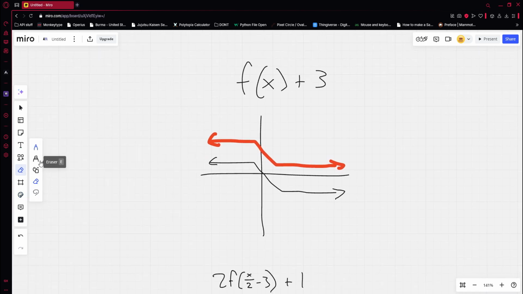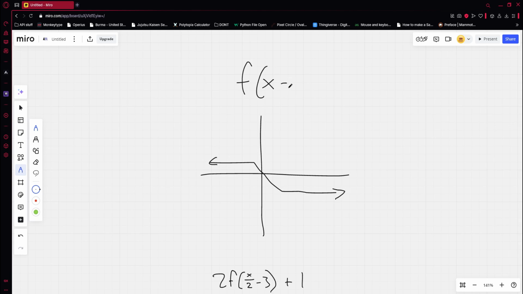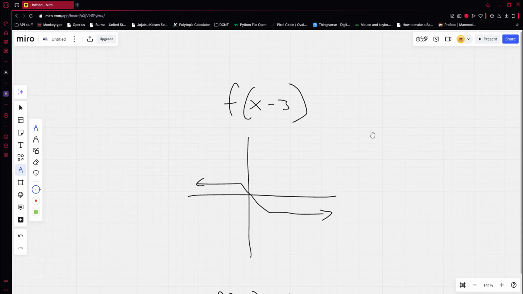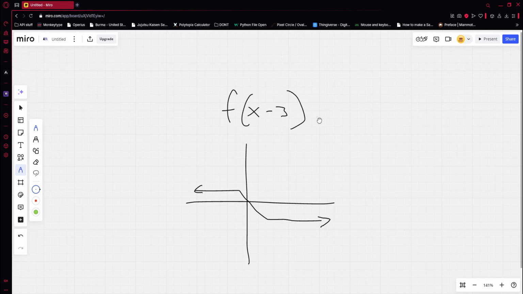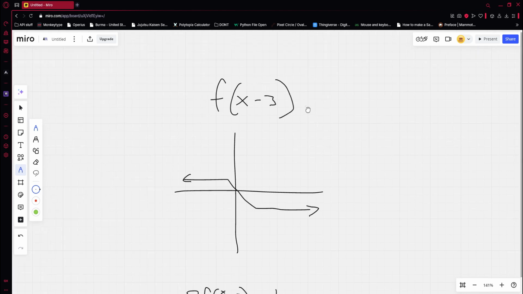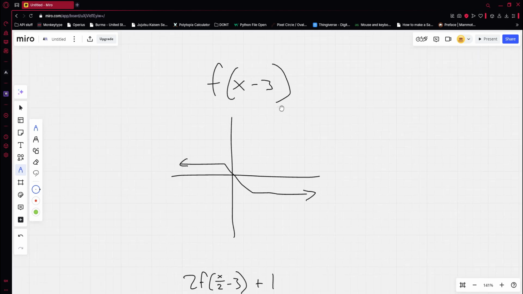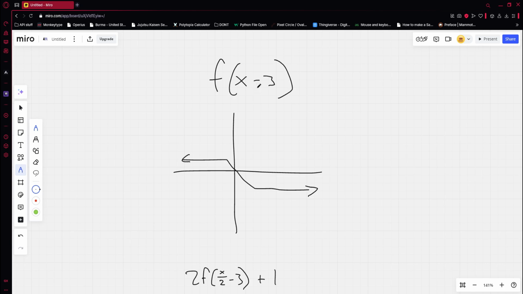Now, for our second type of transformation, we have horizontal. Inside the parentheses, adding or subtracting, let's say minus 3, directly to the x. What this does is you translate the graph by whatever this is, but negative.